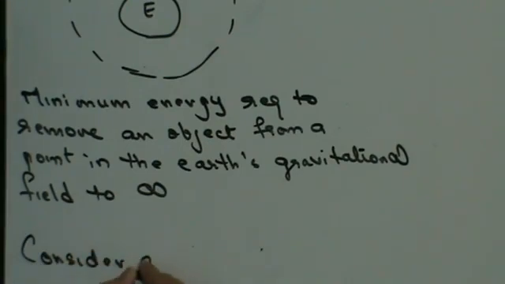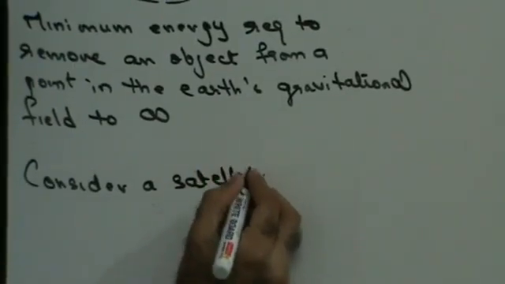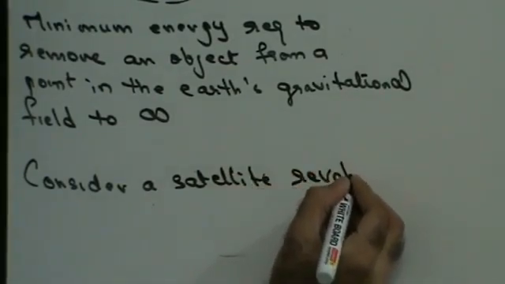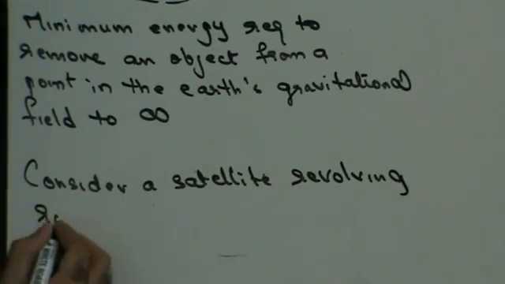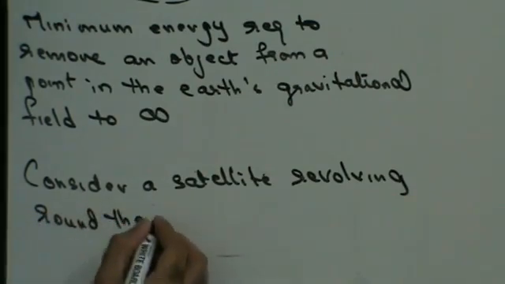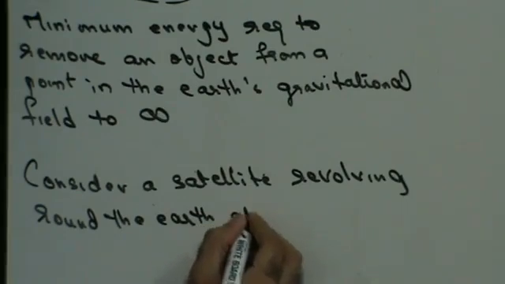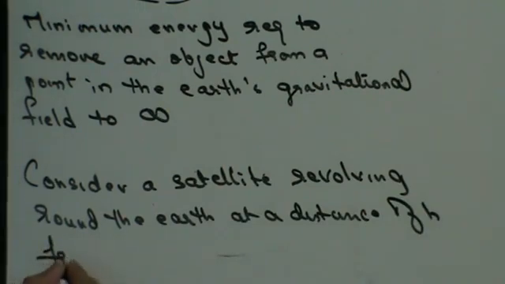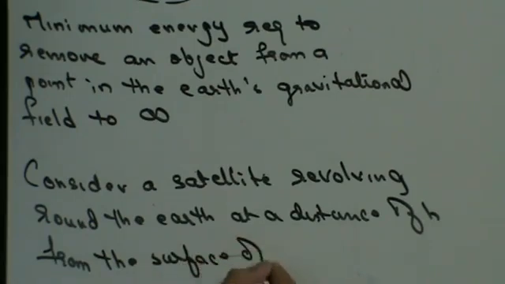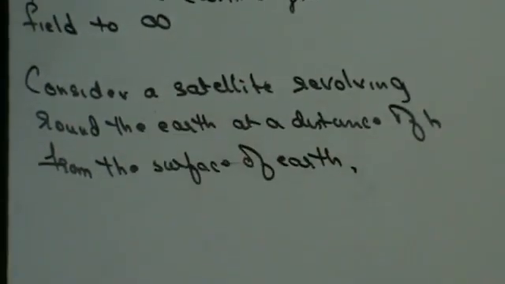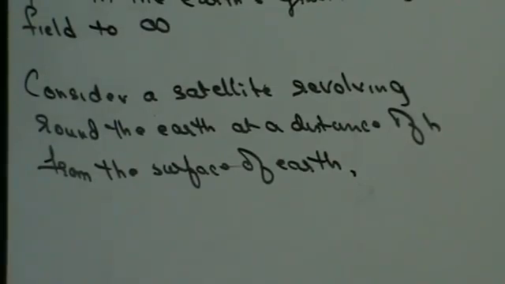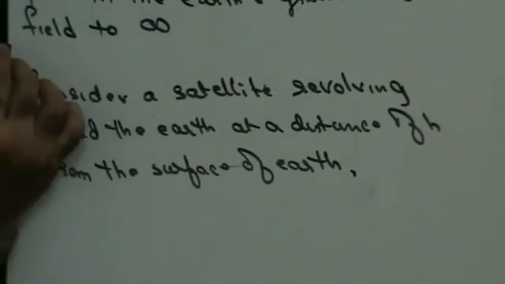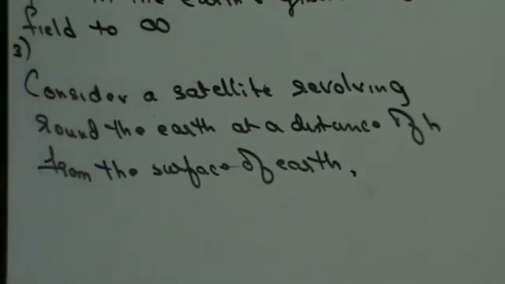If the satellite is moving at this particular distance, then its distance from the center of the Earth is going to be R plus h.